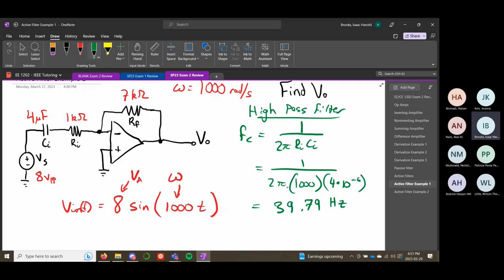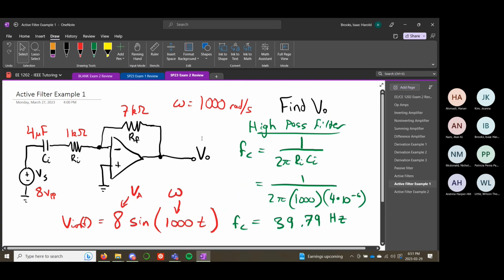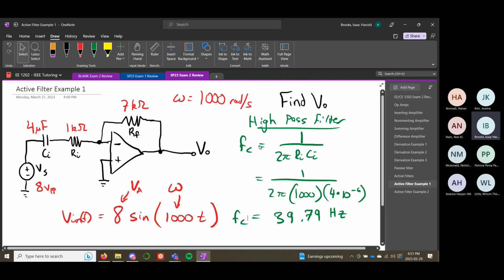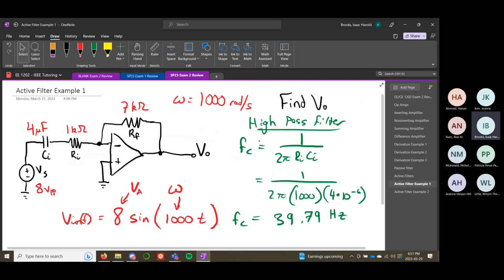Yeah, I got that the cutoff frequency was that. Okay, and that's in hertz. This is the frequency in hertz, which maybe is not super useful. So we've got the cutoff frequency in hertz, and we're given that we're operating at 1000 radians per second.